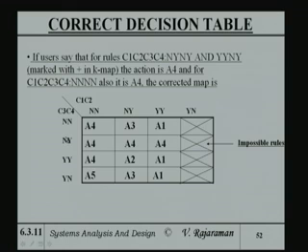So this will become C2 naught, C1 naught and C3 naught. Now if I combine this, it will become C4 and C2 naught, because C1 takes on both values.